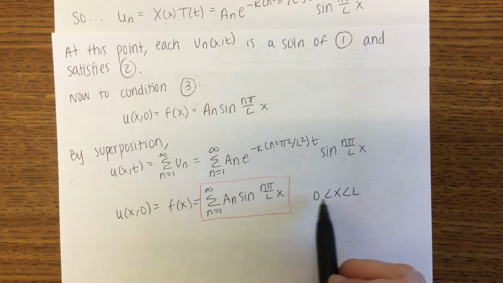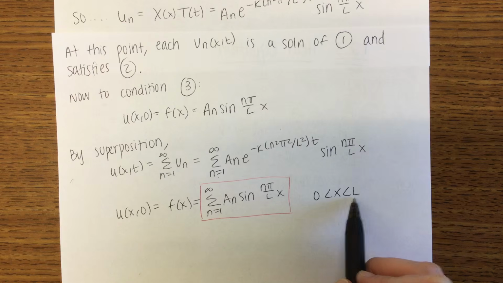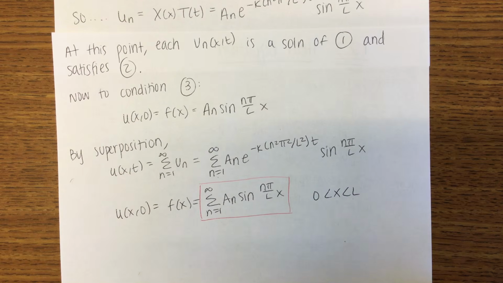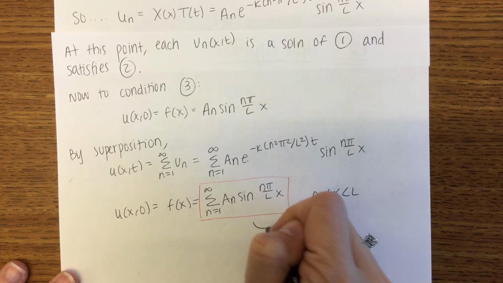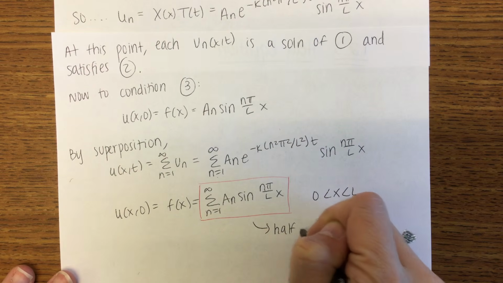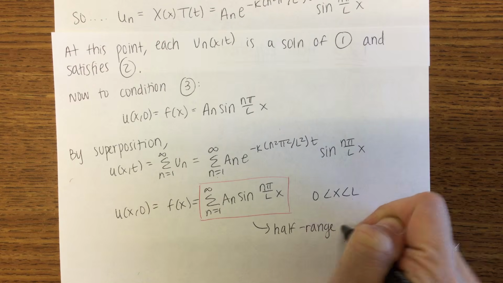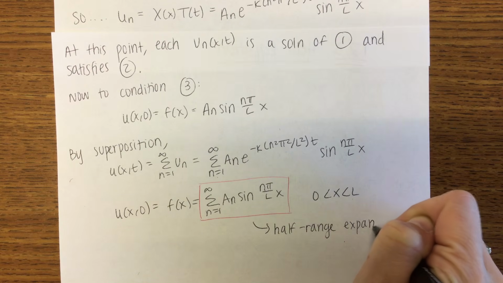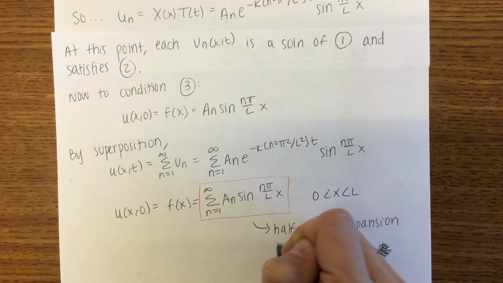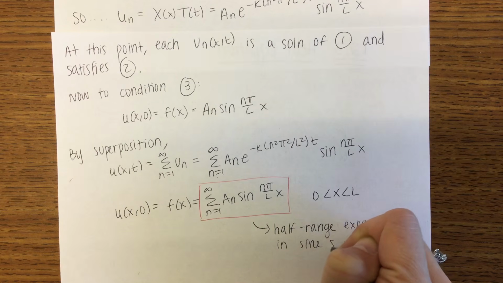Now, when we started out Fourier, did we go from 0 to L? We went from negative L to L. What did we call it when we went from 0 to L? Half-range expansion. Yes. So this is a half-range expansion in a sine series.